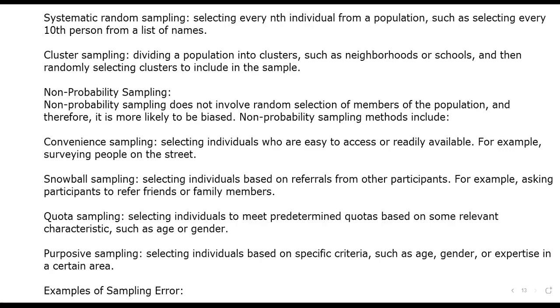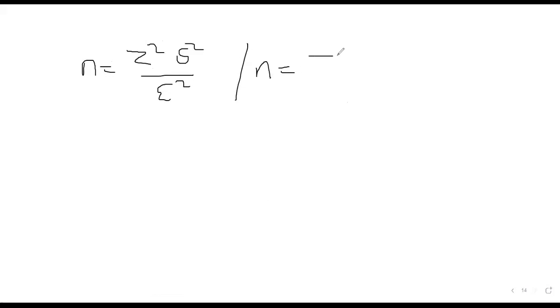All right. So I have taught you a song and I have taught you some formulas, and I need you to recite them for me. N is given by what? Z squared multiplied by S squared divided by E squared. Or Z squared PQ over B squared.